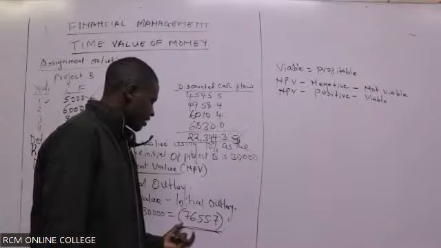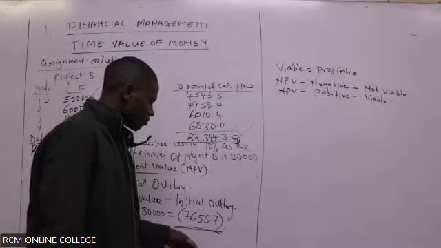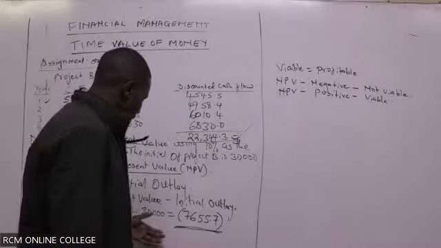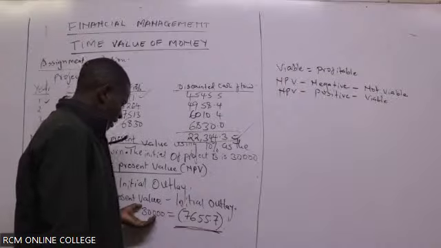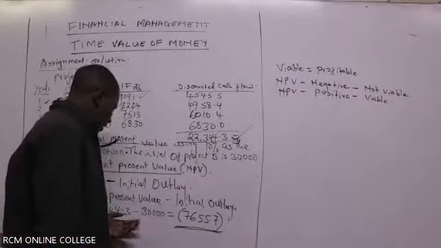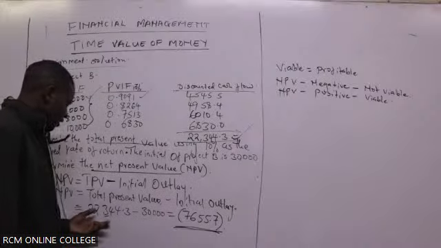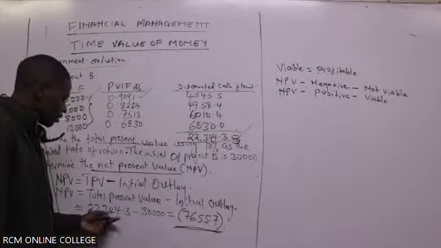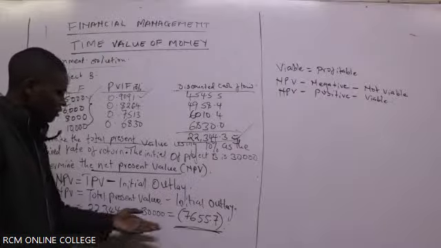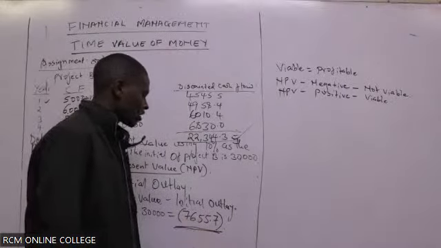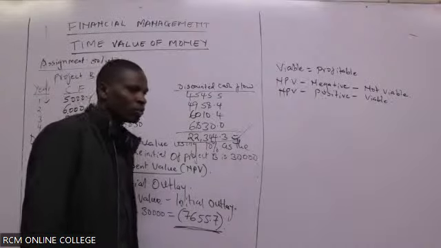This means the project is not viable and not profitable. The initial investment was 30,000, and the inflow the person is getting is 22,344.3. Therefore, this project is not profitable, and the investor should not invest in it.